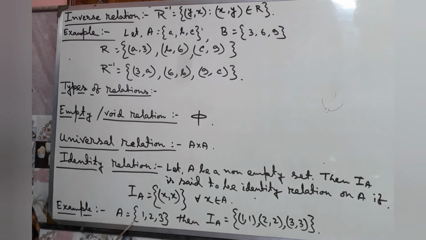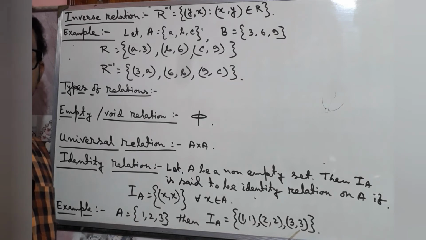Suppose A is equal to {1, 2, 3}. The set A has the elements 1, 2 and 3. Then in the identity relation there will be only three elements, that are (1,1), (2,2) and (3,3).